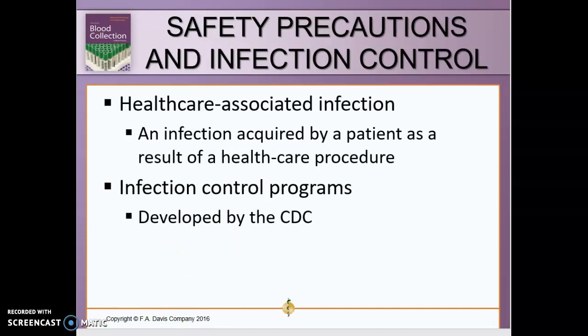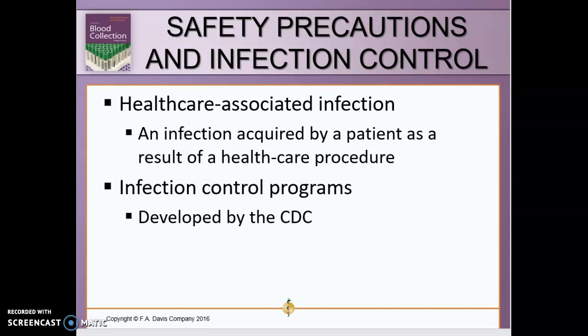All right, we're going to talk about safety precautions and infection control now. Healthcare associated infections are also known as HAIs, okay? Capital H, capital A, capital I. So if you see the term HAI, this is a healthcare associated infection. This infection is acquired by a patient as a result of a healthcare procedure.